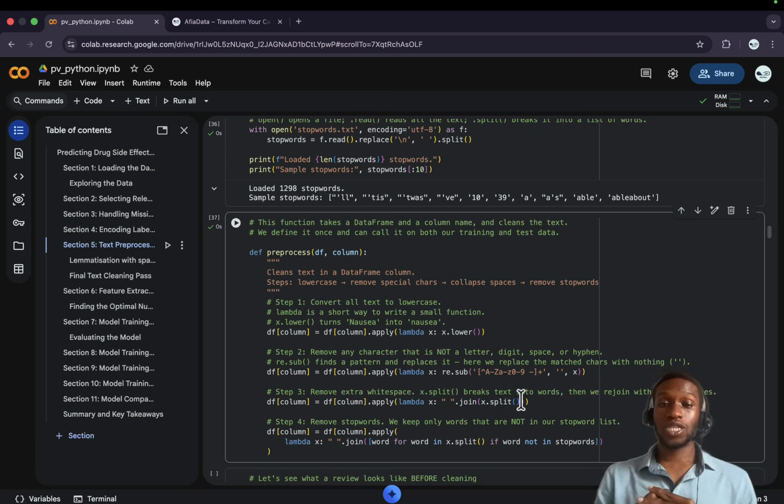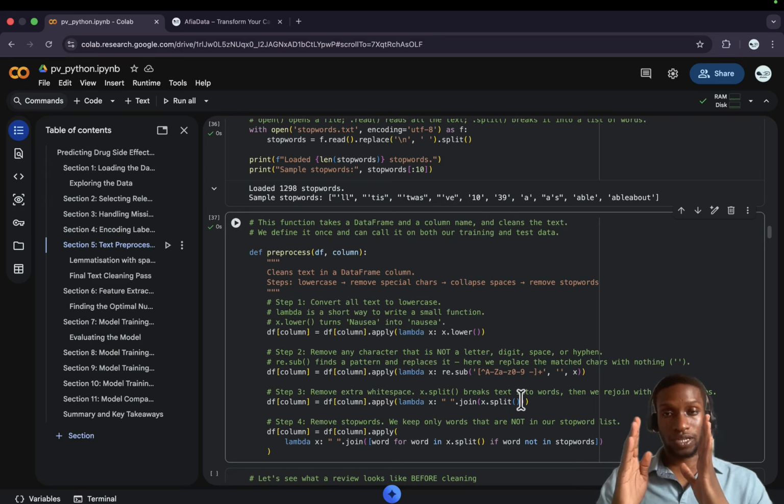Just to explain what is happening here, we have a data frame that has side effects. On that column of side effects review, there are a number of texts. But before we prepare this text into a format our model can understand, we need to clean it.